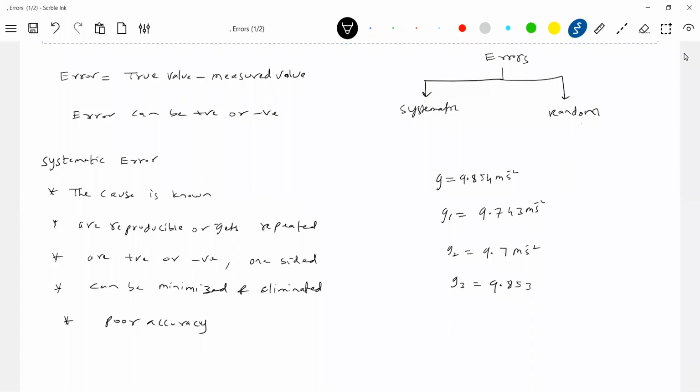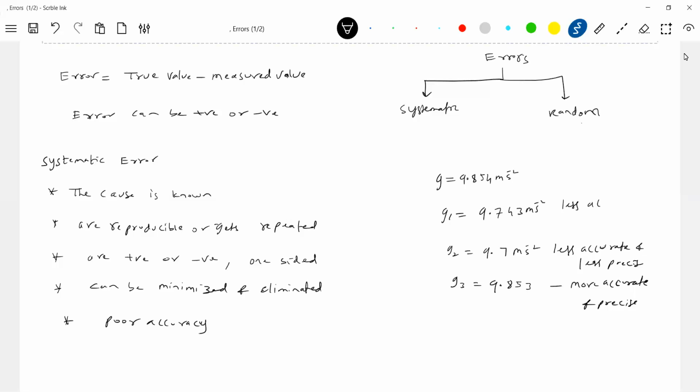Okay, let's come to this one. So here you can select a more accurate and precise value. What about this? Less accurate and less precise.